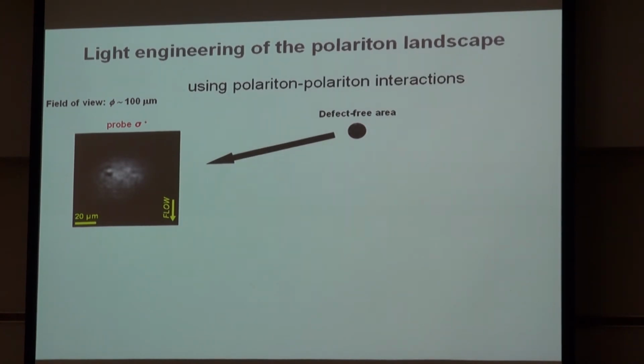And we think that since they are not so difficult to manipulate, we can maybe try to manipulate them like cold atoms. For example, this can be done again with light. In the previous experiments, the defects we had were real defects.